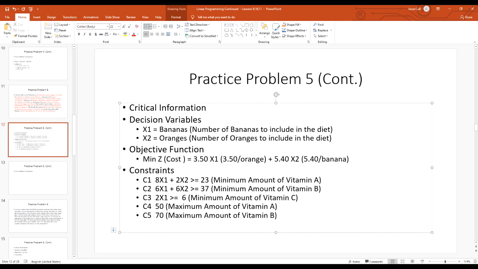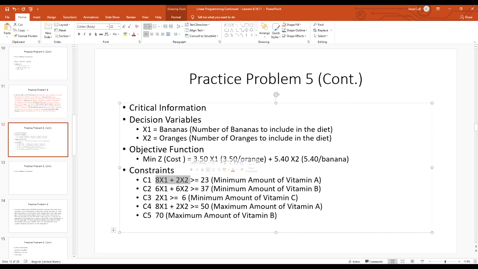Now we come over here and we see C4 is 50. But we know this is vitamin A. So anything vitamin A, this is our contribution right here. So it must be less than or equal to 50. Because this is how much vitamin A we're getting.